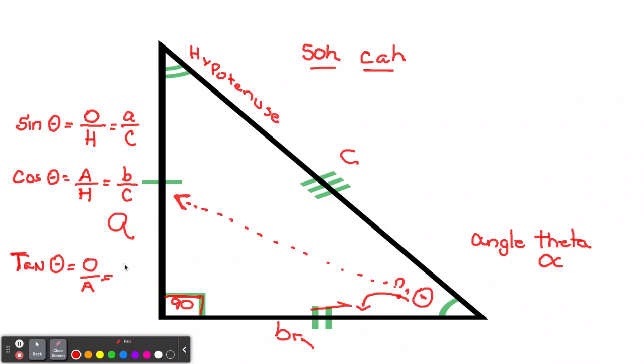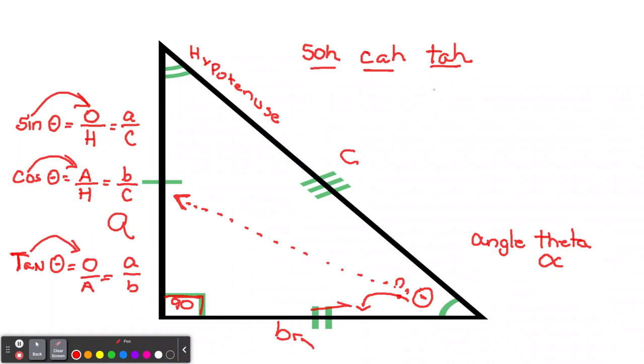Opposite is A, and adjacent is B. So we have SOH from sine, opposite over the hypotenuse. CAH is cosine, adjacent over hypotenuse. TOA is opposite over adjacent. SOHCAHTOA is just a mnemonic device, a way you can remember these ratios for the first 3, not the reciprocals.